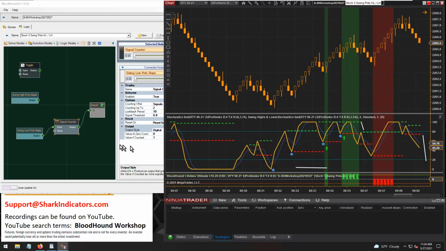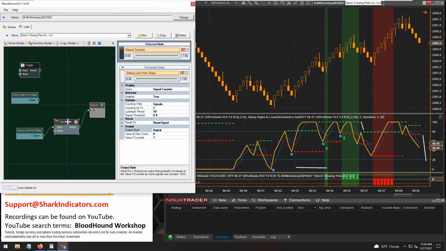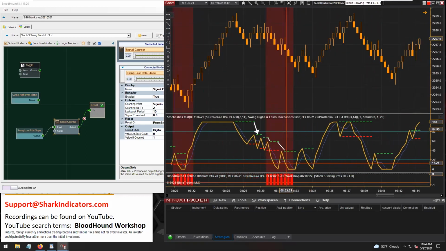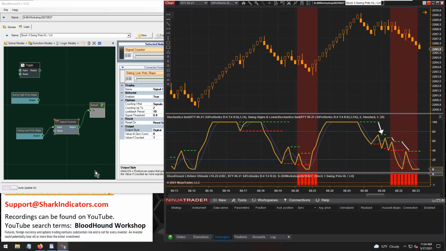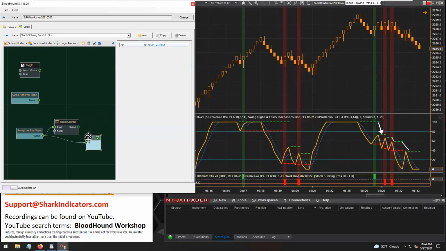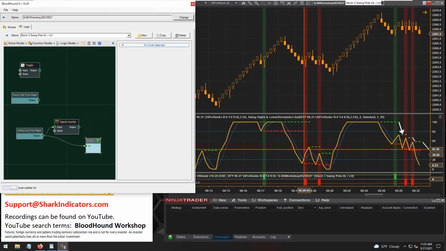So now what we also need to do with this signal counter is, again, I wish I had a good working area. Wish I had a good example to demonstrate.